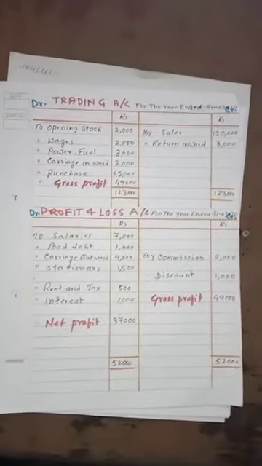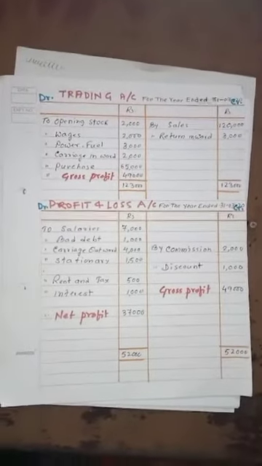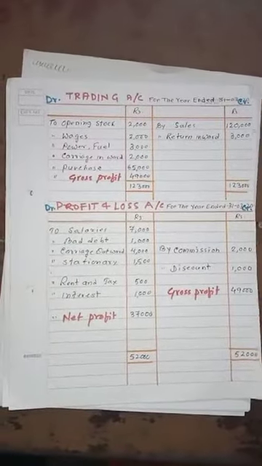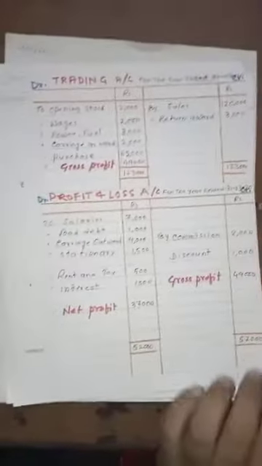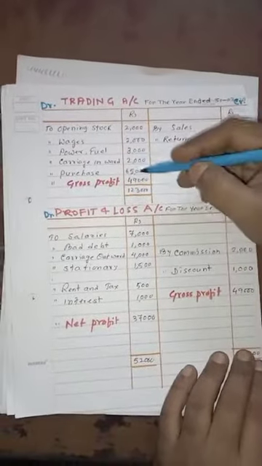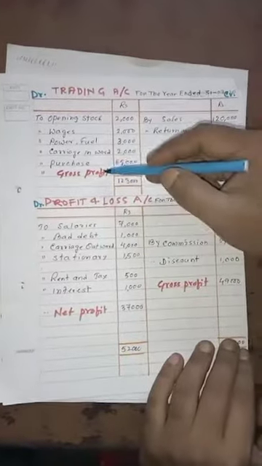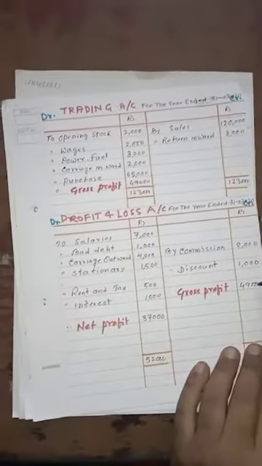After recording the heads from the trial balance to the trading account, profit and loss account, and balance sheet, your next stage is to balance the trading account. Clear? The trading account balance is transferred to the profit and loss account. You see, gross profit is transferred to the profit and loss account.